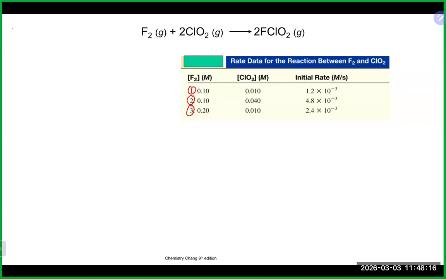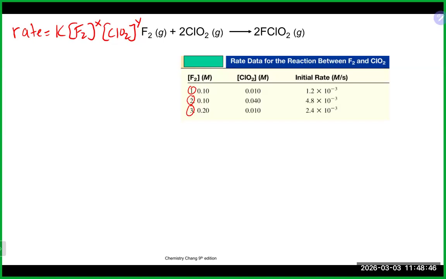And we could write a generic rate law for this, which is the rate is equal to K times F2, and I'm going to call that to the X, and ClO2 to the Y. And here really the goal is to figure out what X and Y are. Now, I would say probably for most people, it's a good idea to do it mathematically because you've got to show your work. So that's probably the best approach to figure out mathematically what is going on here.